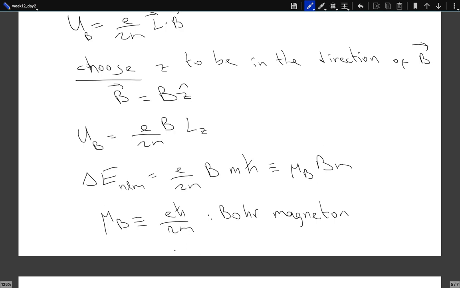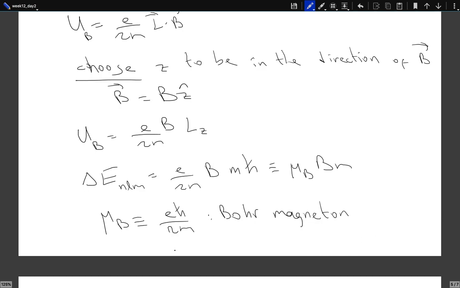Just like, I don't know if we had used that terminology, X and P, we cannot determine both of them simultaneously. They are not compatible observables, so to speak. And so the X, Y, and Z components of angular momentum are not compatible observables. You cannot determine the X, Y, and Z components of angular momentum simultaneously.